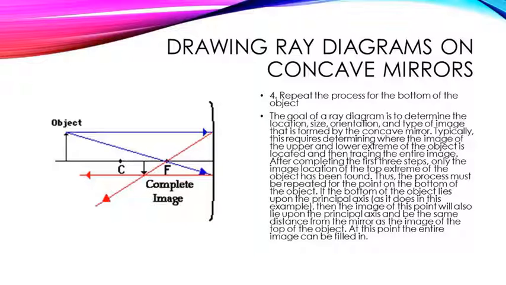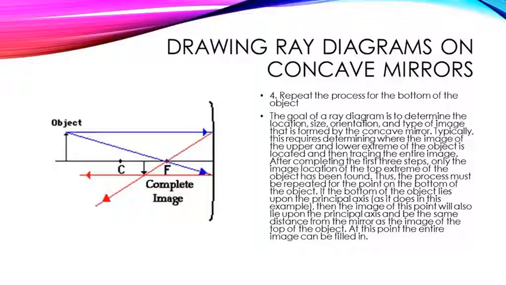Thus, the process must be repeated for the bottom of the object. If the bottom of the object lies upon the principal axis, as it does in this example, then the image of this point will also lie upon the principal axis and be the same distance from the mirror as the image of the top of the object. At this point, the entire image is filled in.